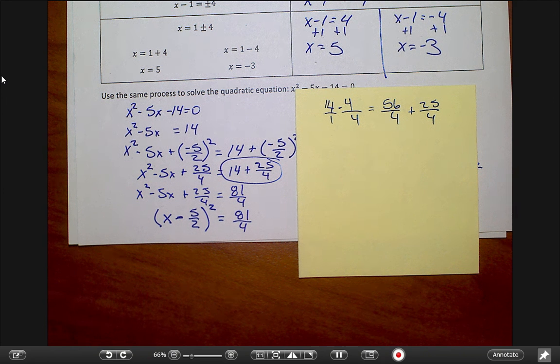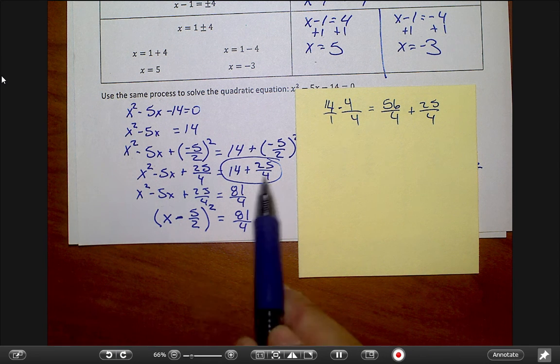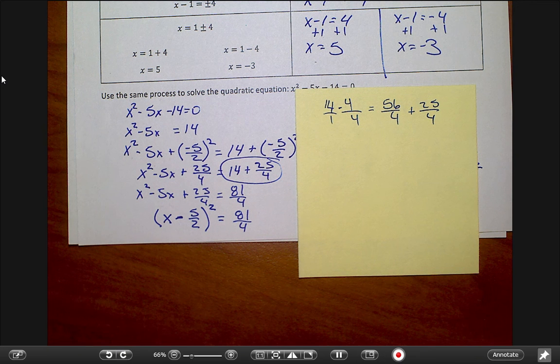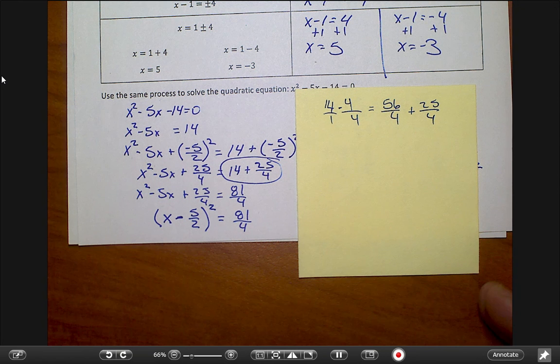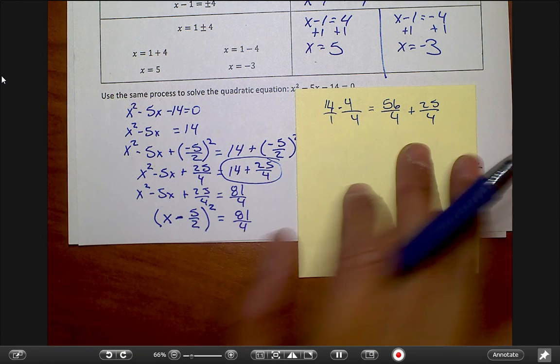Did I get the wrong number there? Is it 81? So, did you do it on the calculator? Okay. So 81 over 4 is what we get right there. We can't just do the calculator. I'm trying to give you an easy question so the steps are easier.